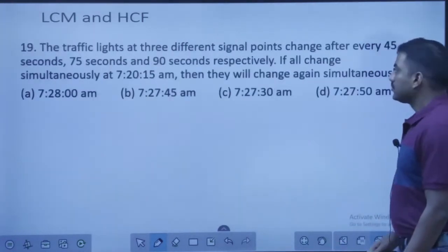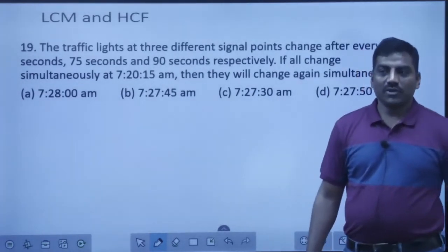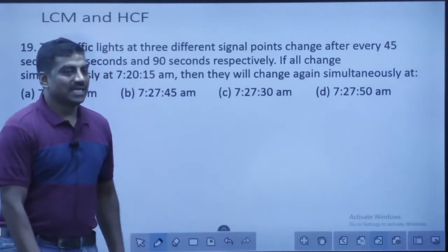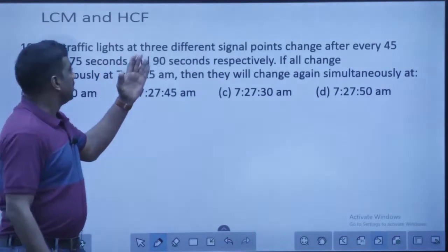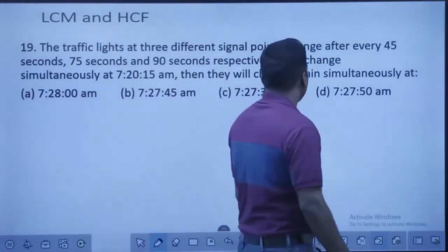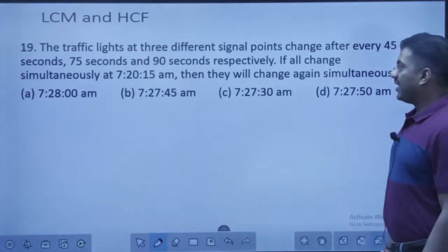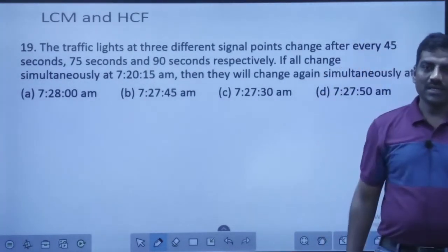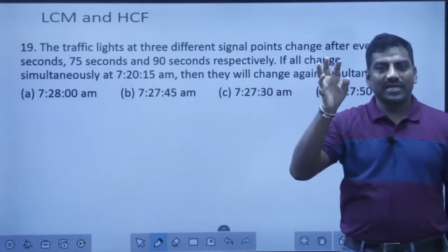Classical problem of HCF or LCM. You will tell me whether HCF or LCM. The traffic lights at 3 different signal points change after every 45 seconds, 75 seconds and 90 seconds respectively. Think of 3 bulbs, okay? Don't imagine a traffic light. You will ask me, sir, whether it is red, yellow or green.